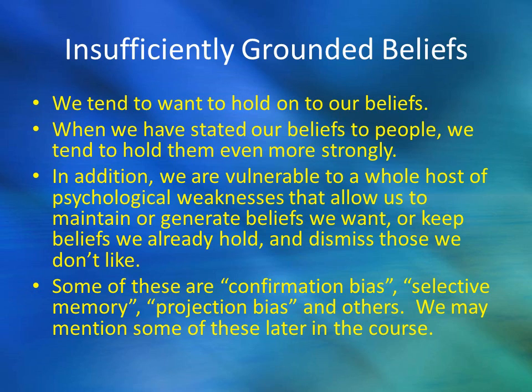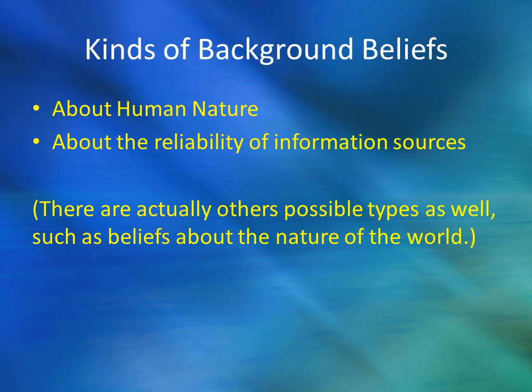Some of these types of psychological errors are confirmation bias, selective memory, projection bias, and there's a whole host of others. And they'll be mentioned later in the course. There are many kinds of background beliefs. Two that are mentioned are beliefs about the nature of human nature and beliefs about the reliability of information sources.